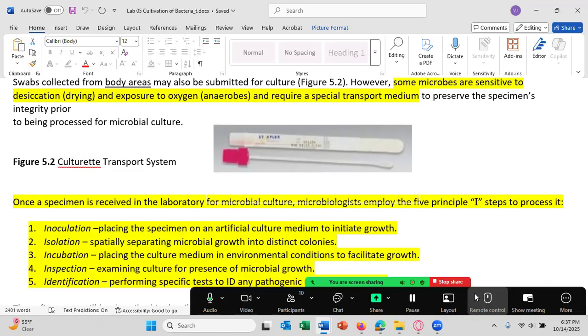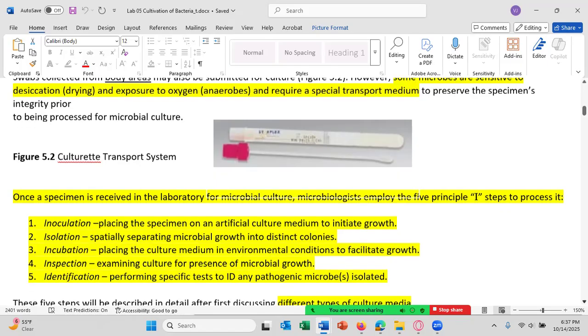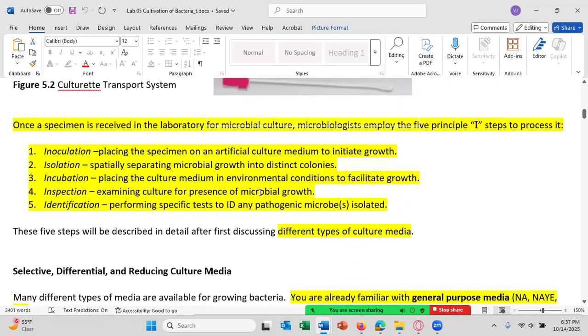Once a specimen is received in the lab for a microbiological culture, microbiologists employ the 5 principal steps to process the specimen. 1, inoculation, 2, isolation, 3, incubation, 4, inspection, 5, identification.